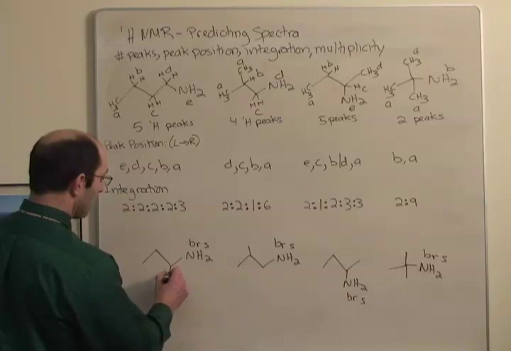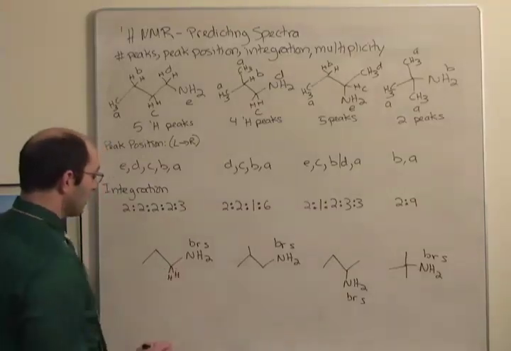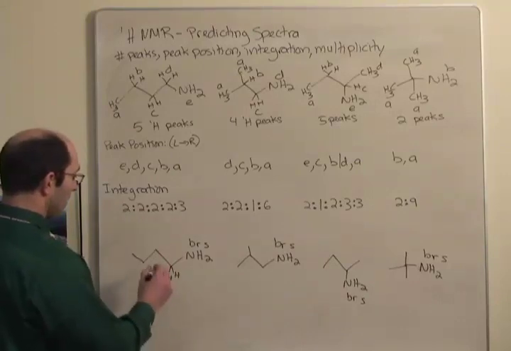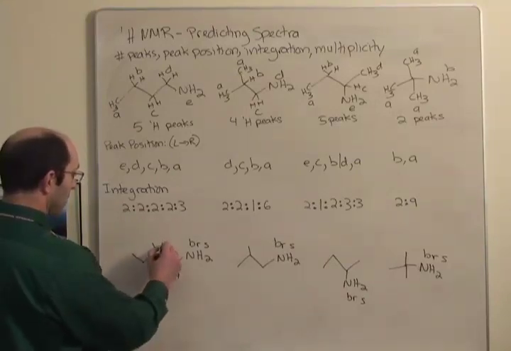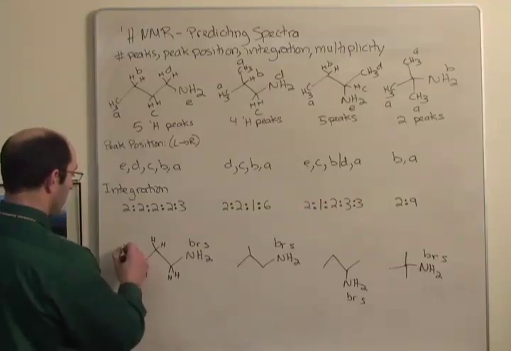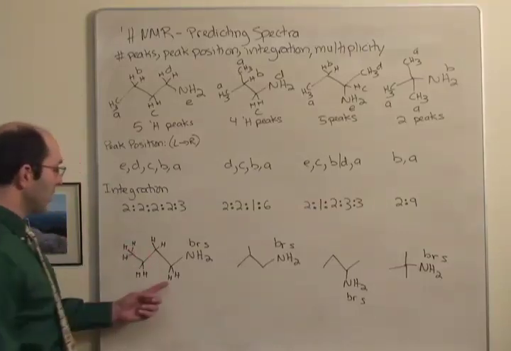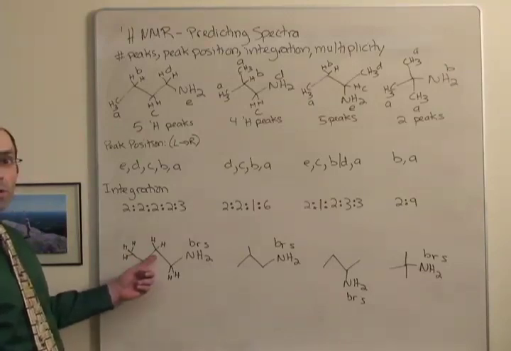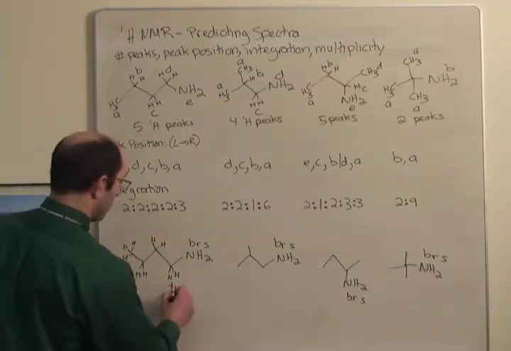So if we focus on the CH2 group, let's get the right number of carbons. The CH2 group nearest to nitrogen has 2 neighbors, so that will make this peak a triplet.